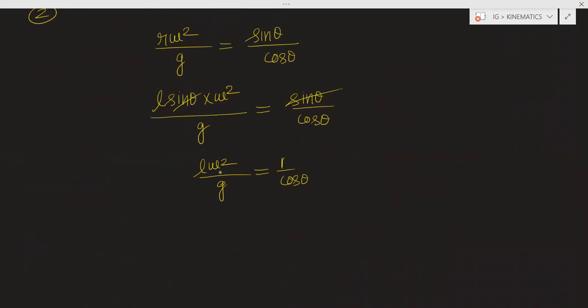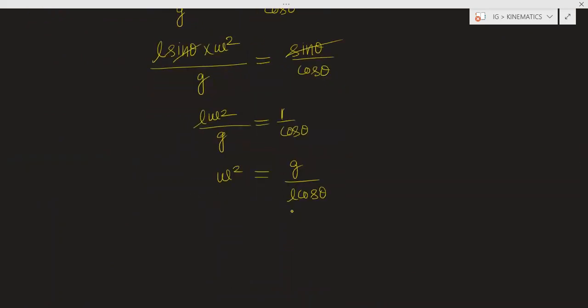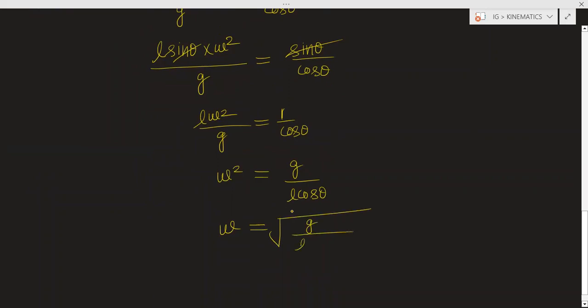It will be L omega square cos theta is equal to g. So omega square is equal to g divided by L cos theta. Now from here you can find omega. So omega will become the square root of g divided by L cos theta.